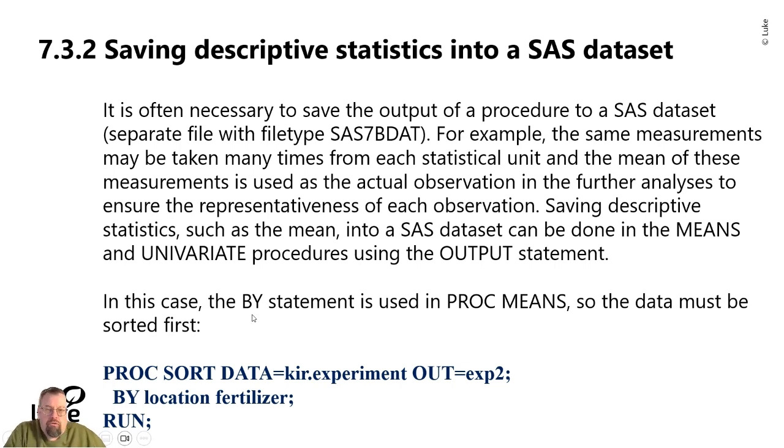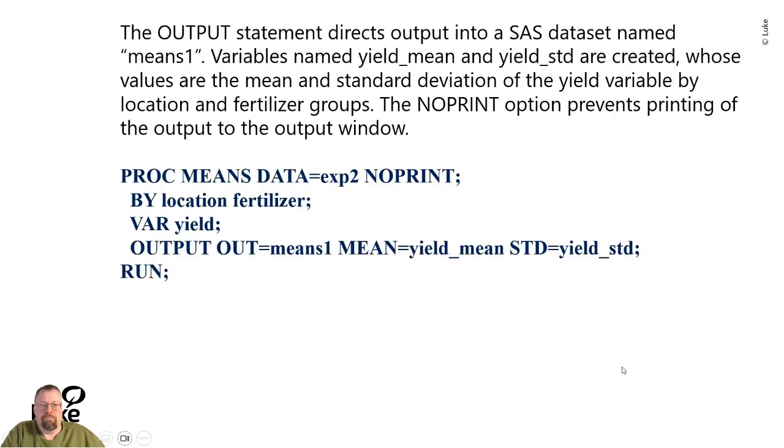In this case, again like earlier, we have the proc sort here first. So we sort by location and fertilizer. If we have a by statement later, and here we actually see the by statement, that was the reason for the sorting.